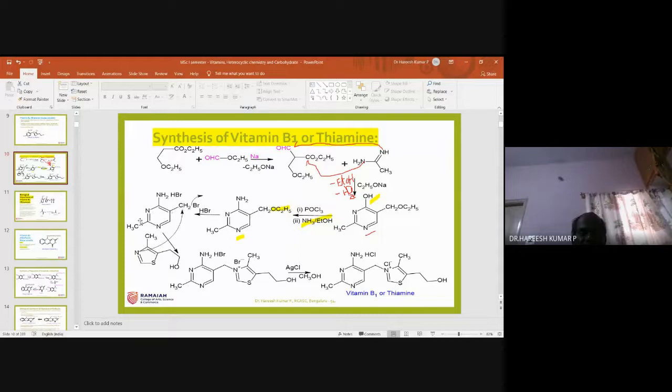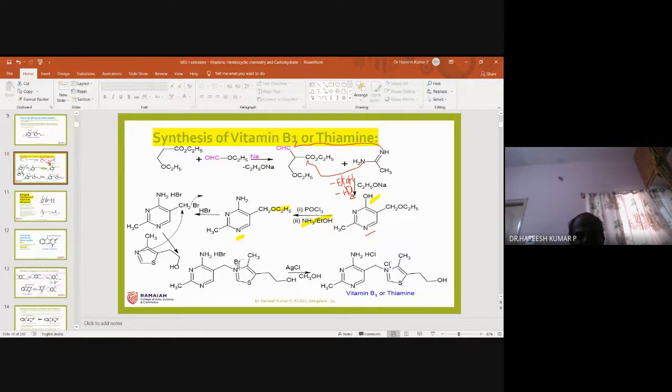This is like benzene, I mean pyrimidine, which of course has aromatic property, and this carbon is a benzylic carbon. This carbon attracts the lone pair present on the nitrogen, and Br will go out. You know that the valency of nitrogen is 3. So when the lone pair is used up in the bond formation, the Br minus is present as a counter anion. So this is the bromide salt of vitamin B1.